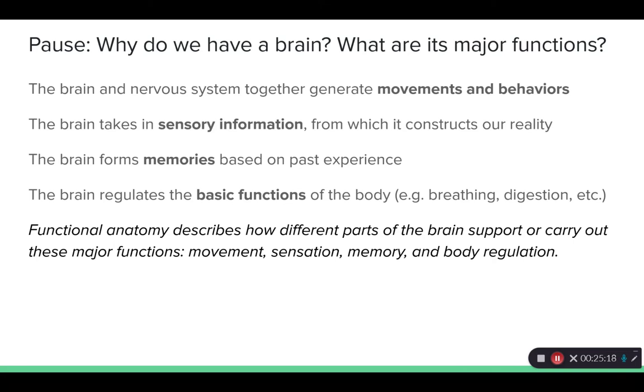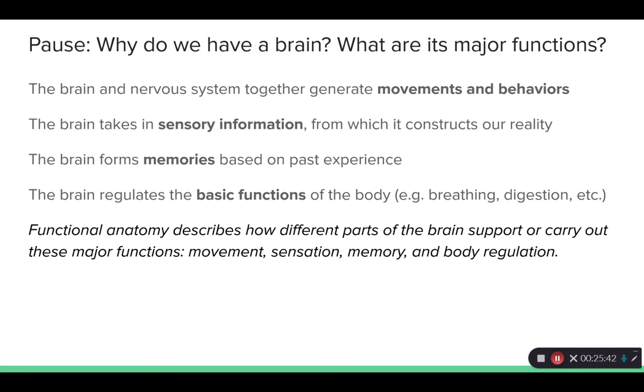So why do we have a brain? What does our brain actually do for us? We could divide up what the brain does into a few really major categories. First of all, it controls and organizes our movements and behaviors. It takes in and processes sensory information. The brain learns; it forms memories of our past experiences.